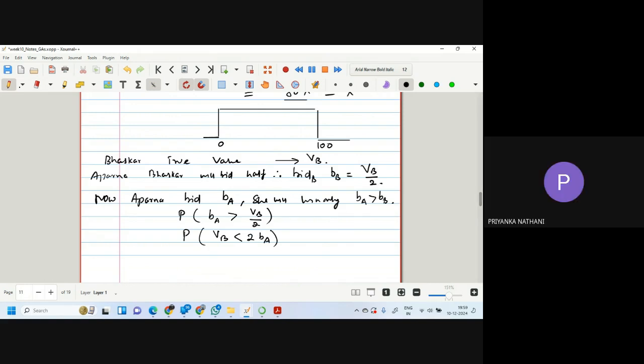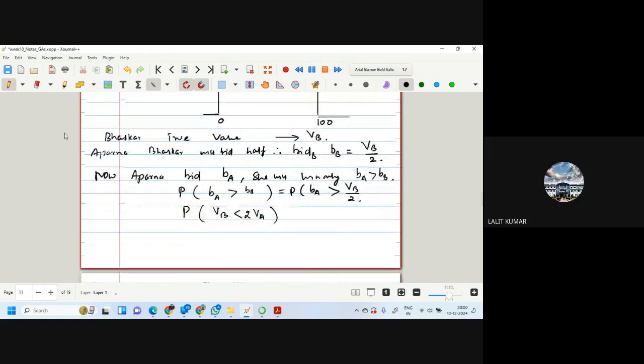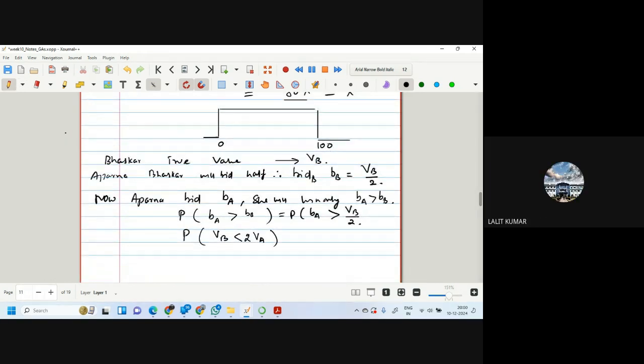Sorry, BA greater than BB, so BB is less than BA. Now, this probability of VB less than 2BA, so here is your VA.